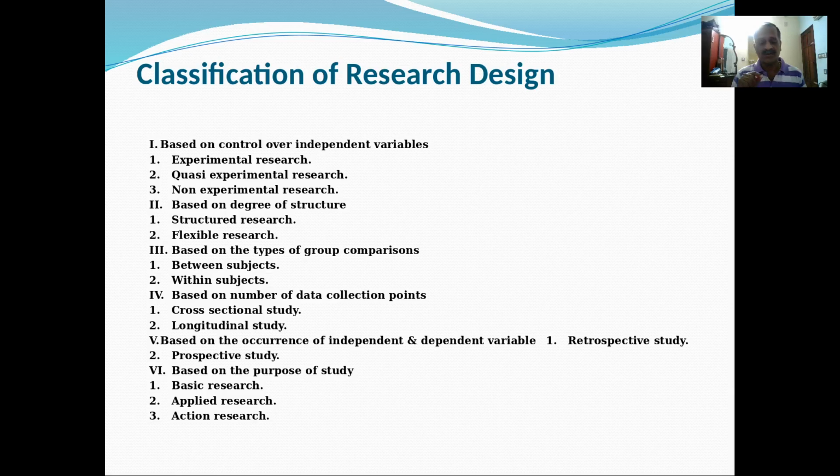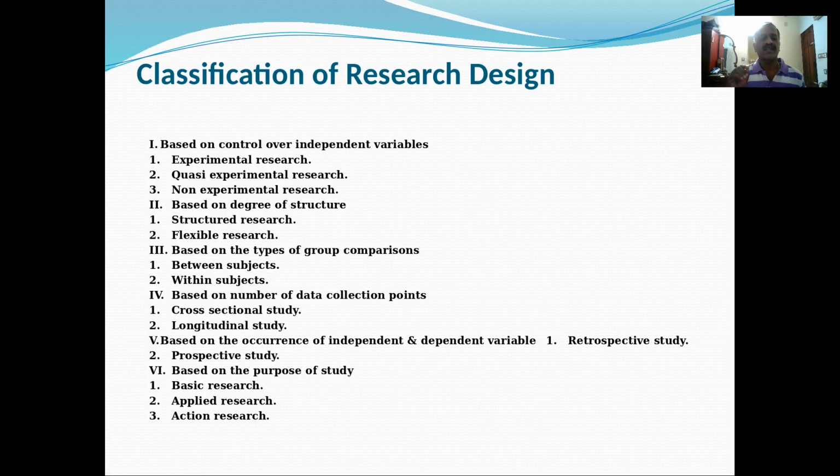From the cause we start and try to find out the effect of that cause. So one is retrospective, going backward, and one is prospective, going forward into the future. These are the two classifications.